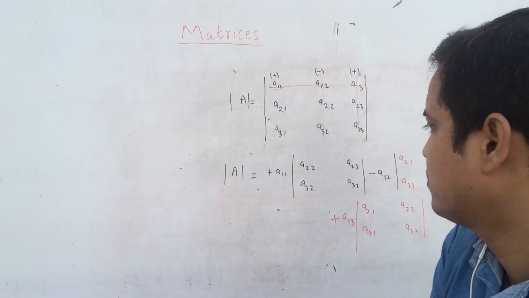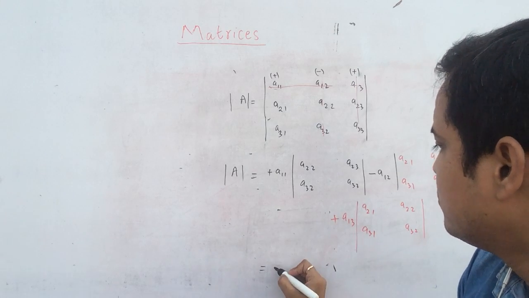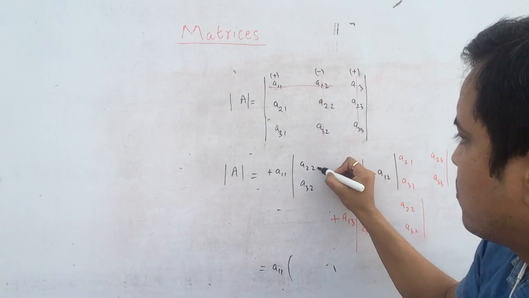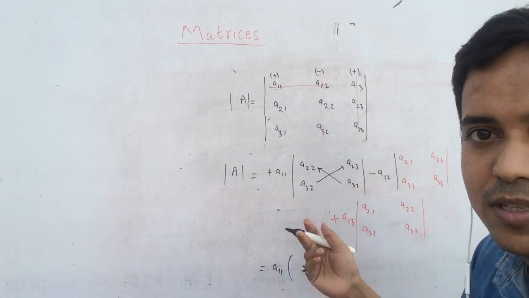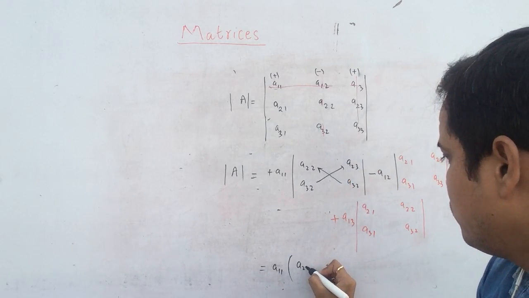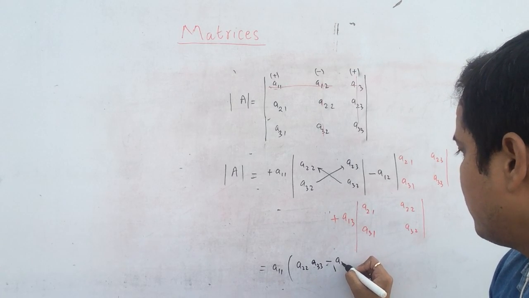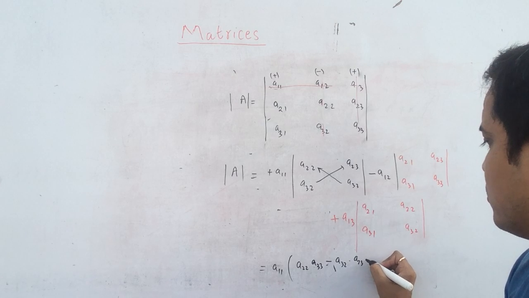Now you have to do the procedure like this: left cross minus right cross, the same as I explained to you. A22 into A33 minus A32 into A23.